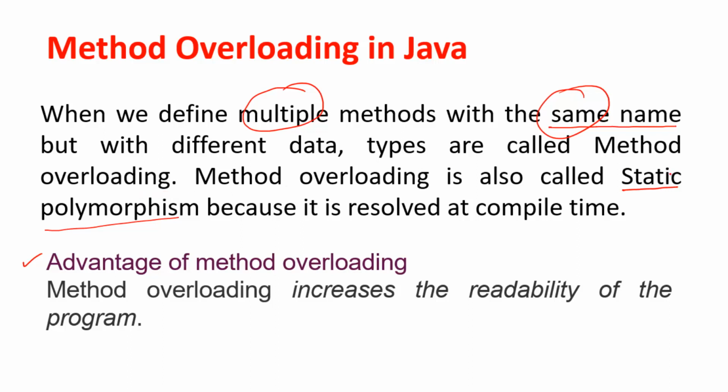And this is also a very important point: it's static polymorphism because it is resolved at compile time, not at runtime. Method overriding is resolved at runtime, and that is called dynamic polymorphism. So we will discuss it while we study inheritance.